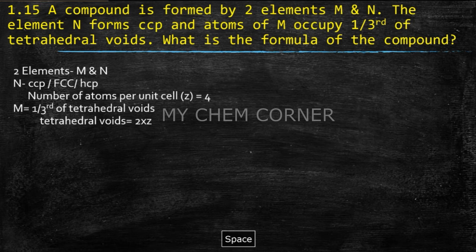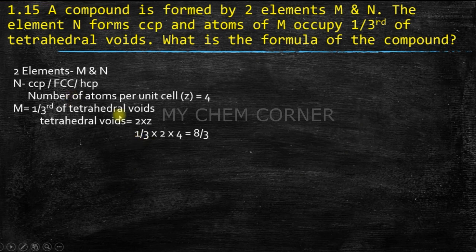So therefore, the tetrahedral voids are nothing but 2 into Z. Because the number of tetrahedral voids is 2n. So here we can say 2 into Z, of which 1/3 is occupied. So 1/3 into 2 into Z, with Z as 4, because it's HCP, we're going to write it as 4 here.